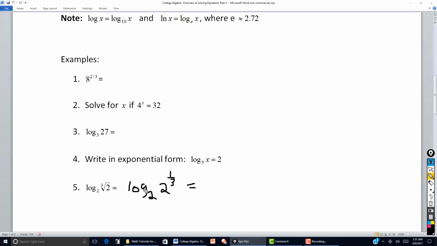So now I want the log of 2 to the 1/3 to base 2. That's basically asking 2 to what power gives me 2 to the 1/3. It should be clear that it's 1/3. If these two bases are the same, then the answer is going to be whatever power this is. If it's just a 2, the exponent is understood to be 1. So the log of 2 to base 2 would be 1, because 2 to the 1 is 2.